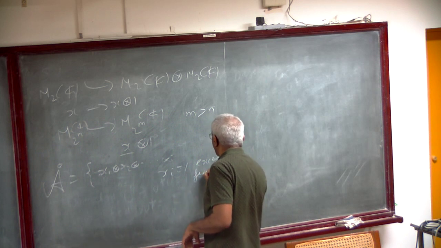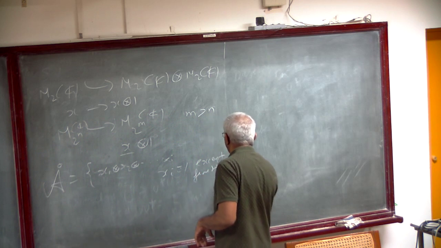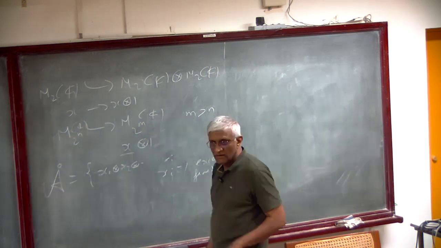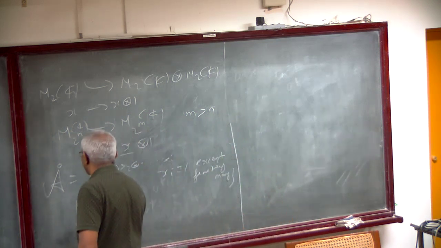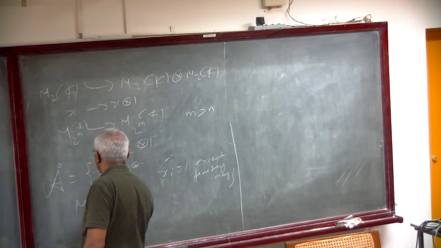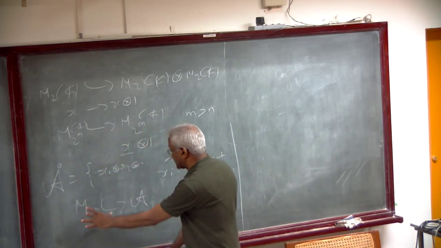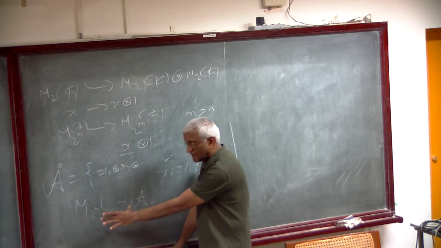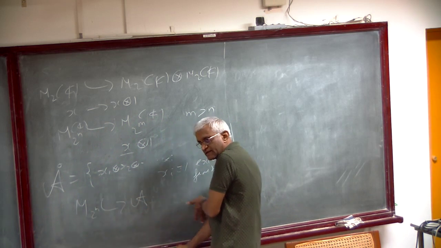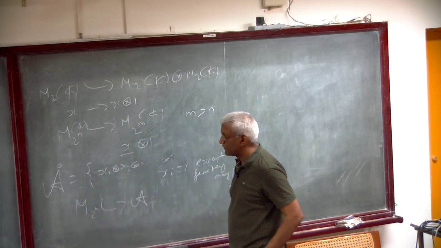Only finitely many are not 1. So all this M_{2^n} is just an algebra. We are not treating M_{2^n} as sitting inside A with the first n as that element and the rest being 1.